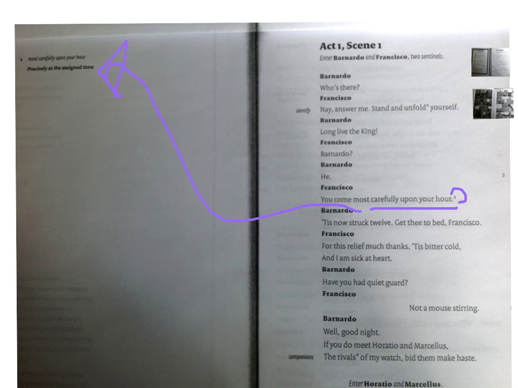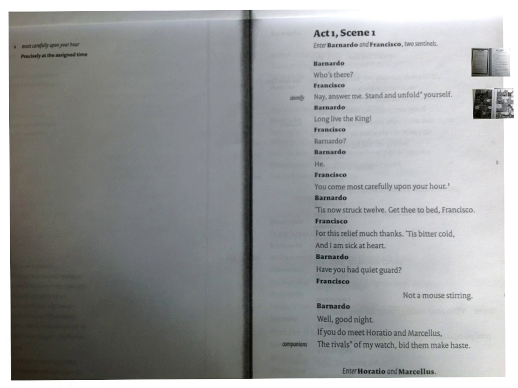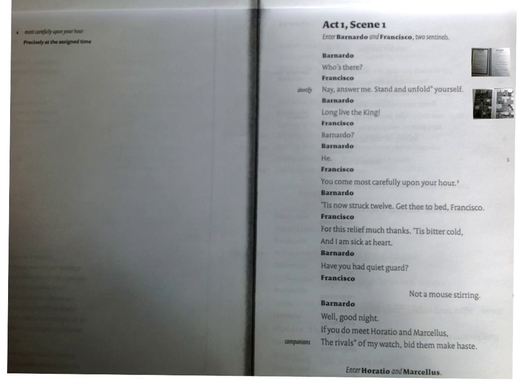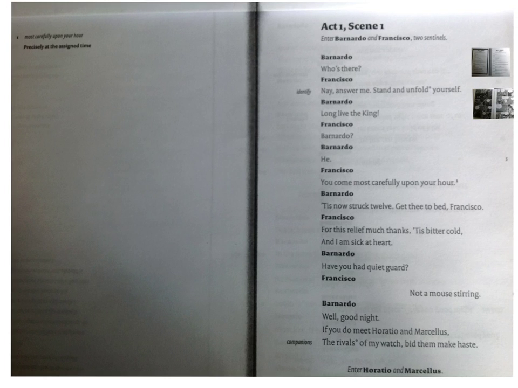Okay? Now, at this point, I've interrupted myself enough times that in order to really fully make sure that I'm comprehending what I'm reading, a good idea for me is actually to go back and reread. Who's there? Nay, answer me. Stand and unfold yourself. Long live the king. Bernardo? He. You come most carefully upon your hour. Okay, so it's these two guys. Bernardo is coming to Francisco.